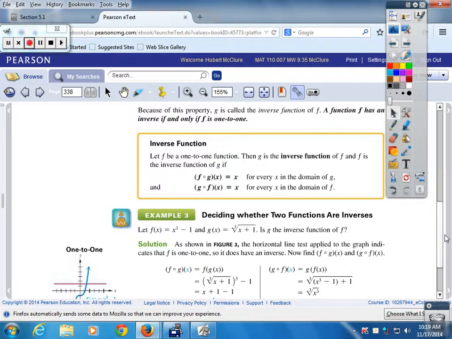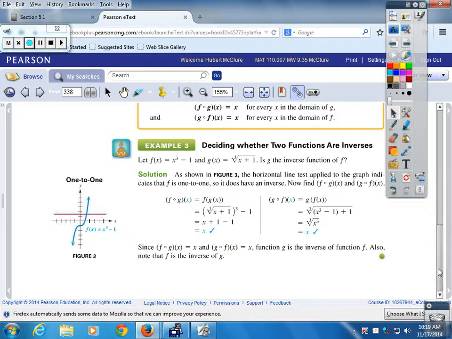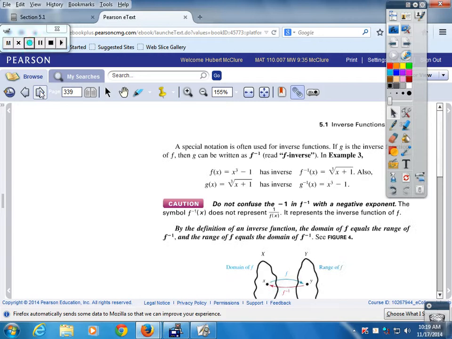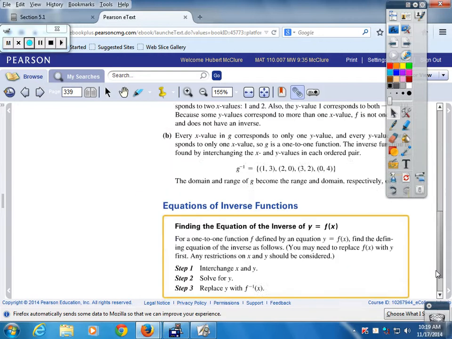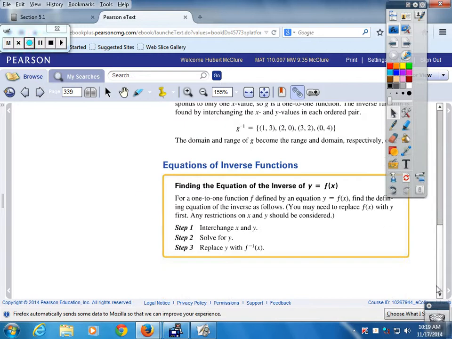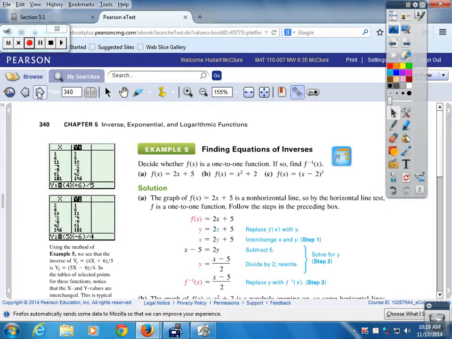They show you an example right here. Then we'll do one here in a minute. I still haven't got to where I want to get to because that's more important than all of this stuff, because you can do that without any problem. We're doing a lot of explanation right here. What I'll test you on is to see if there's a one-to-one function or not.